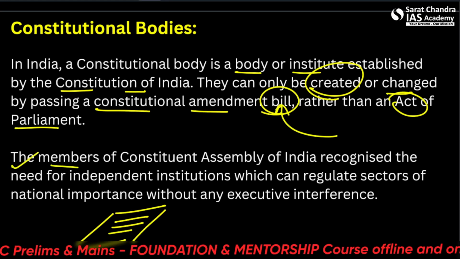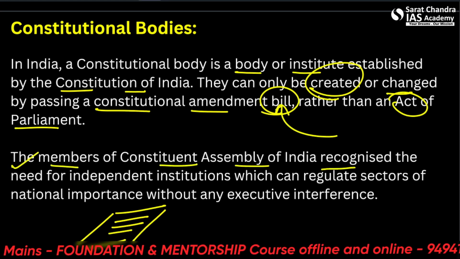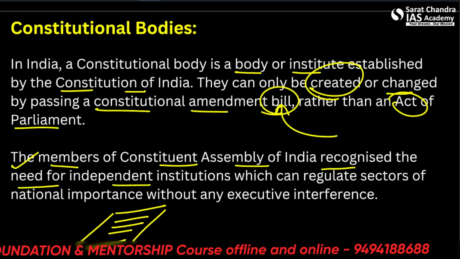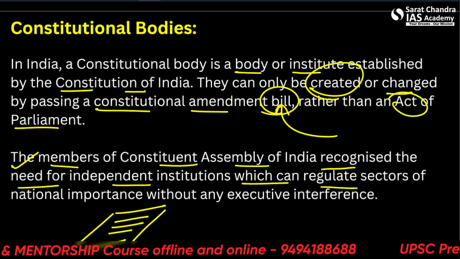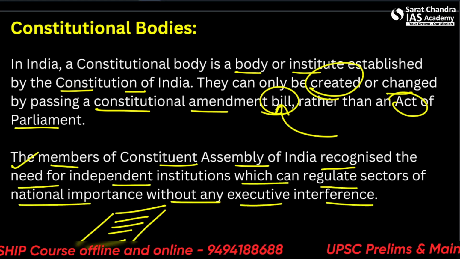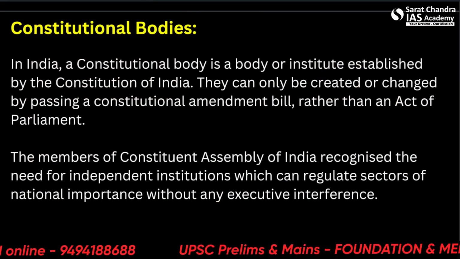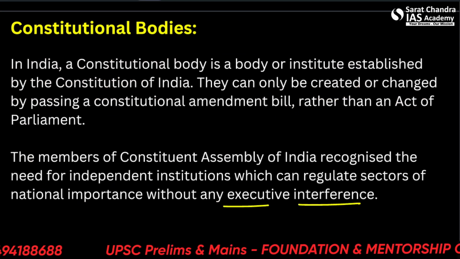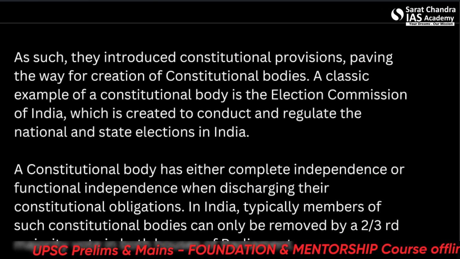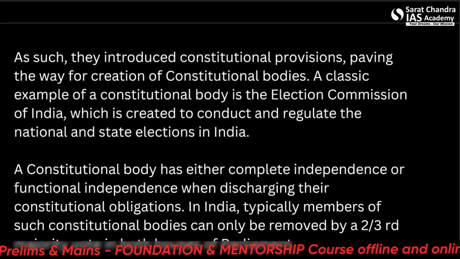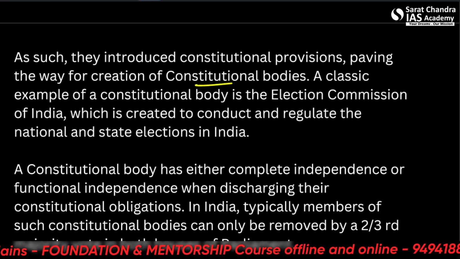The members of the Constituent Assembly of India recognized the need for independent institutions which can regulate sectors of national importance without any executive interference. So this is the main function of a constitutional body, that it works without any executive interference. As such, they introduced constitutional provisions paving the way for creation of constitutional bodies.